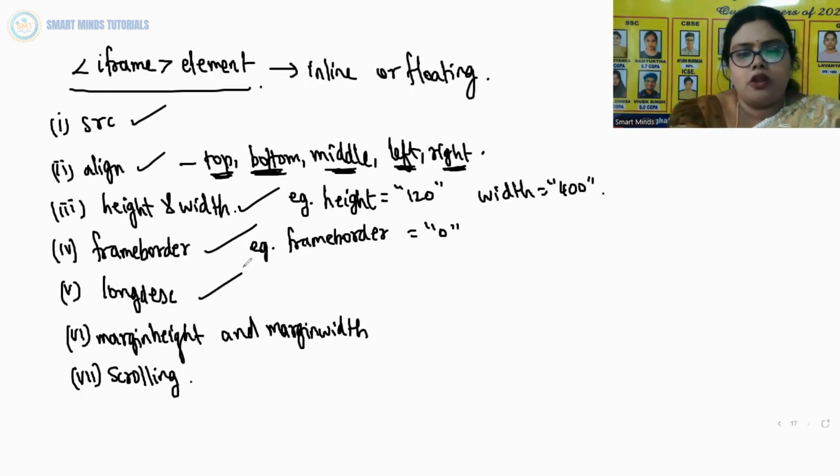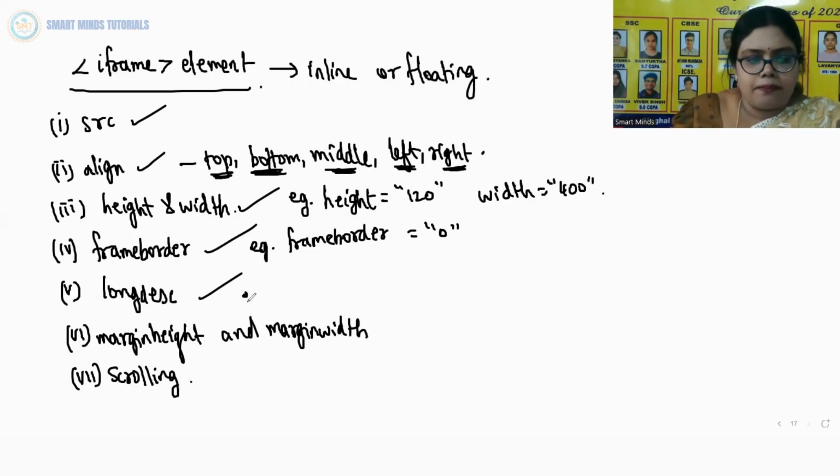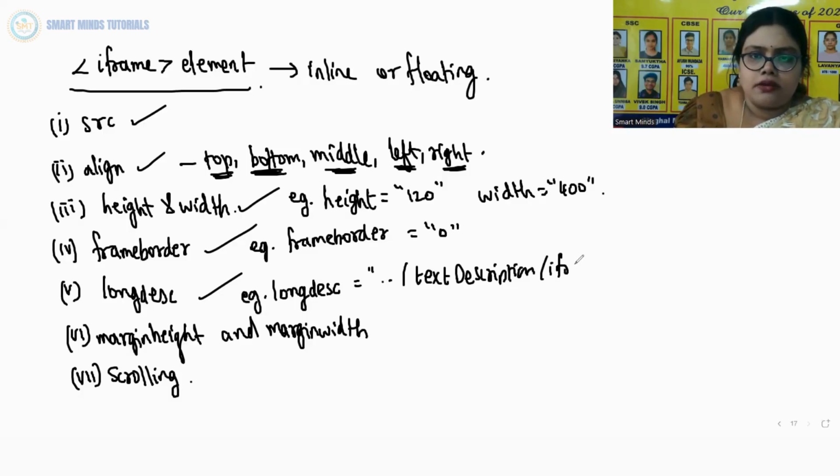Now let's see what is longdesc. The longdesc attribute is used for indicating a link to another page where a description is given in the form of text. This includes images, charts, and graphs in the frame. For example, longdesc equals ../textdescription/iframepgm.html.